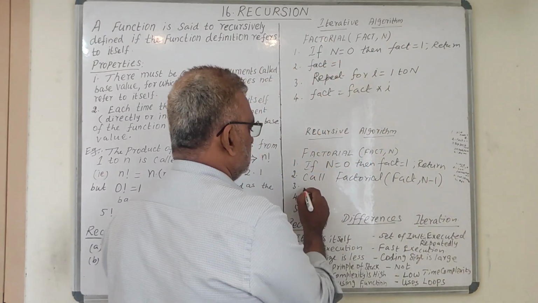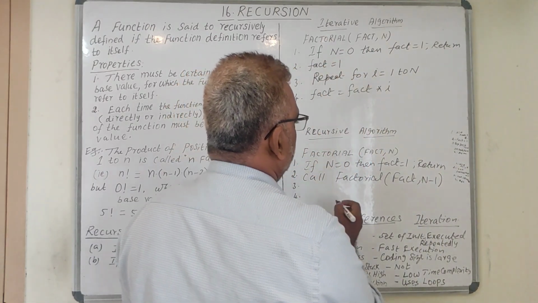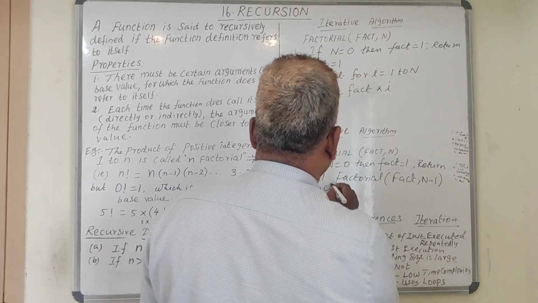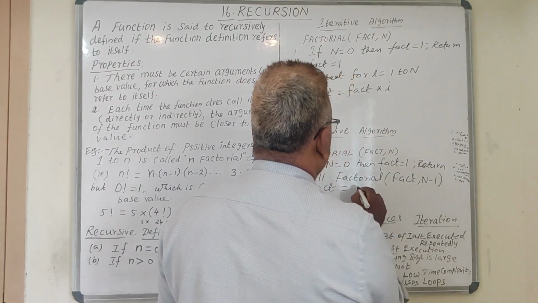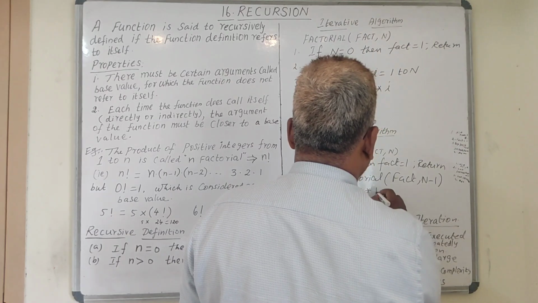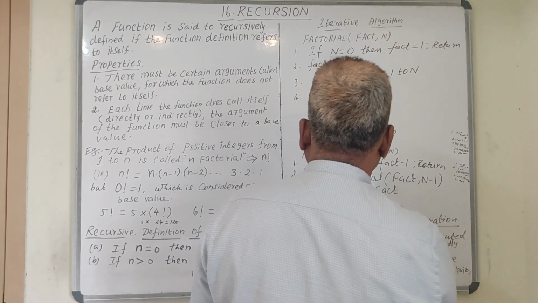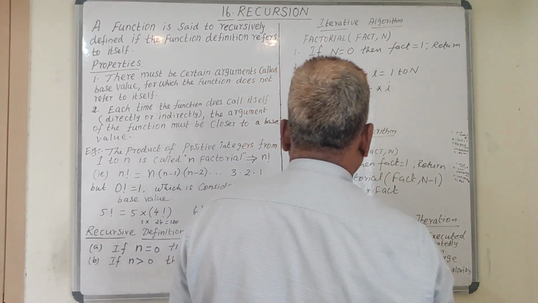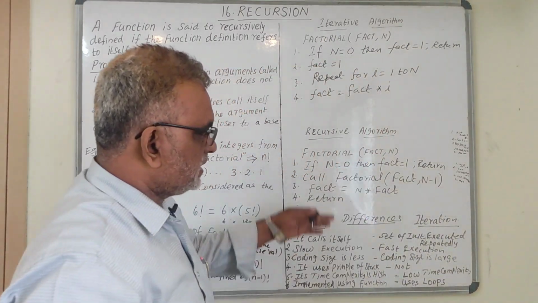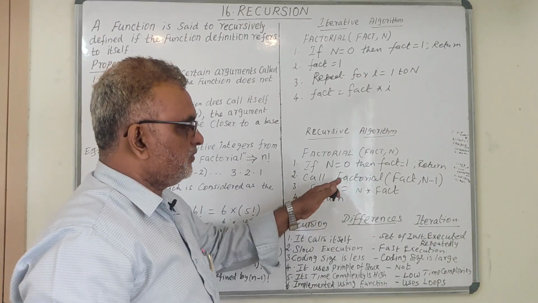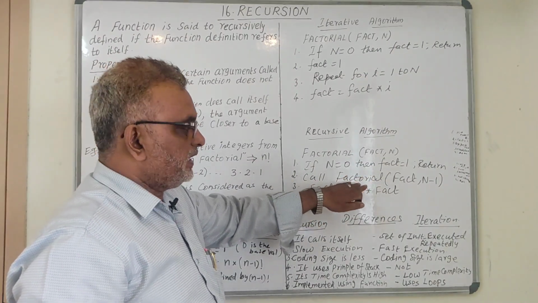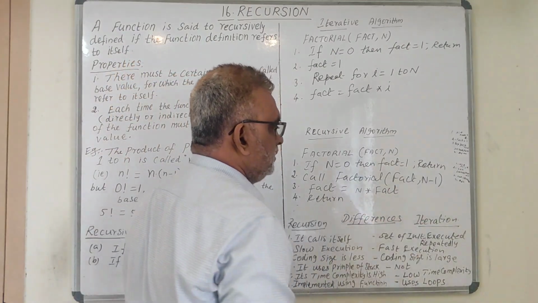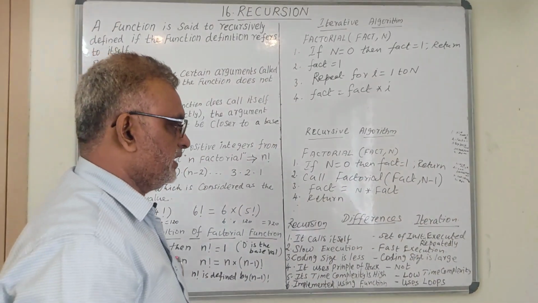Then we do the calculation: fact is equal to n star fact, and then return. So this is the function. We can write the function for calculating the factorial value, but again it will be performed n minus 1 number of times.